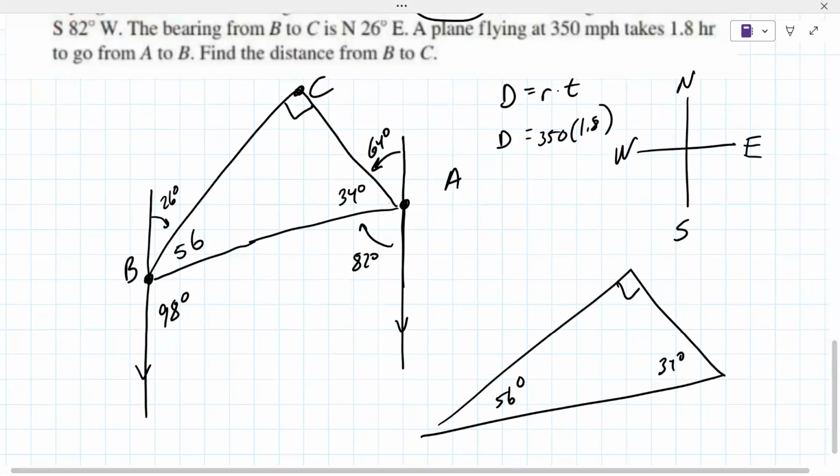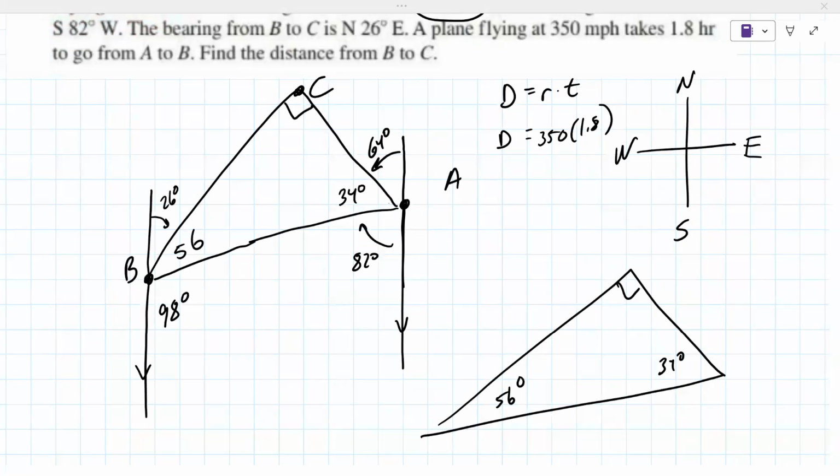You can't do it without the others. 50 times 1.8. 630.